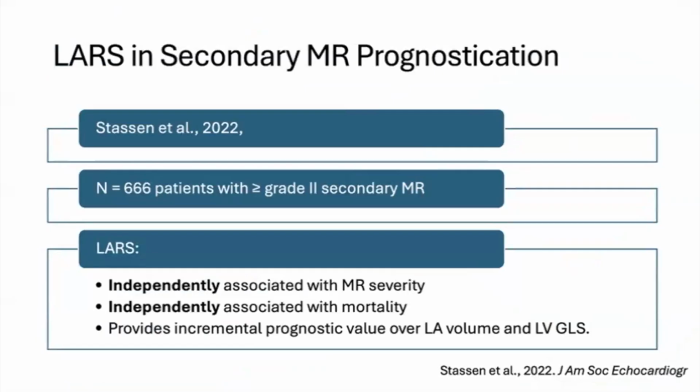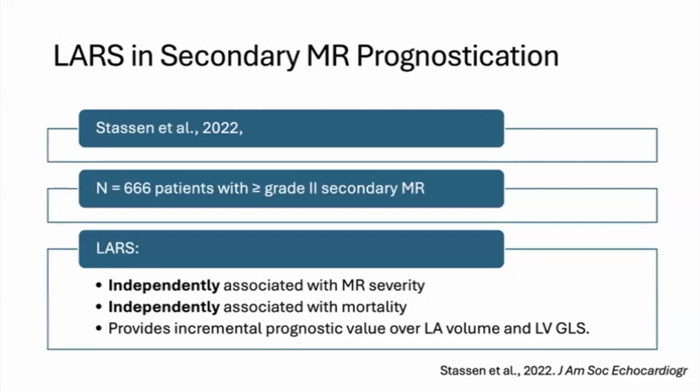First we'll look at the data for secondary MR from the study by Stassen et al. in 2022, which looked at 666 patients with at least grade 2 secondary MR. And as I'll show you on some graphs on the next slide, it's interesting that left atrial reservoir strain independently was associated with MR severity and eventual mortality, even when adjusted for LAVI and some of the other conventional markers that we use to assess mitral regurgitation and help direct timing of intervention. And there was evidence of incremental prognostic value over the use of LAVI and global longitudinal strain alone.